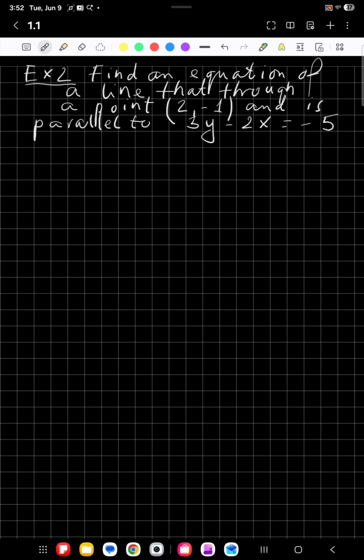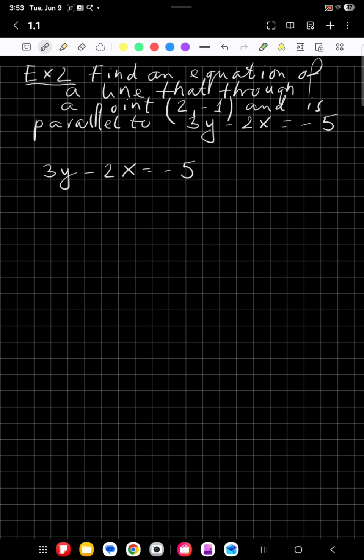Okay, so parallel, right, means that 2 lines are parallel like this, right? And we'll use the fact that 2 parallel lines have the same slopes. So we'll take that original equation, 3y minus 2x equals -5. And to find the slope, we simply solve it for y.